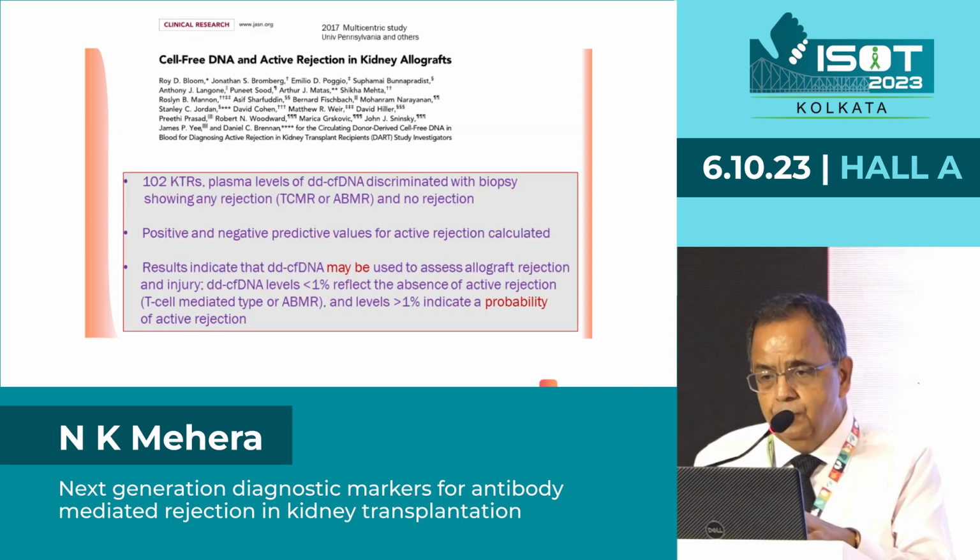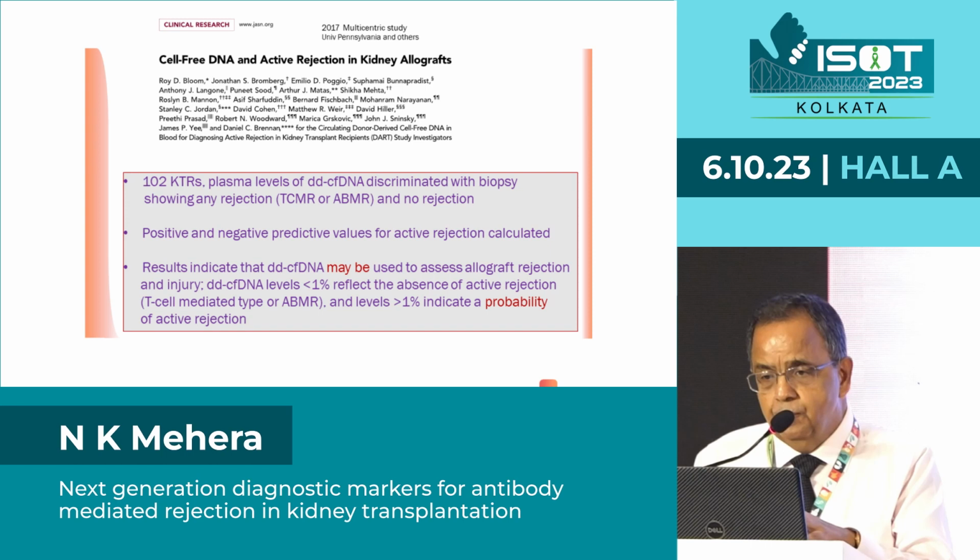I want to show you a few studies. One came up in 2017 from the University of Pennsylvania, and here they looked at 102 kidney transplant recipients and looked at the plasma levels of ddCfDNA, showing any rejection or not. The positive and the negative predictive values were calculated.